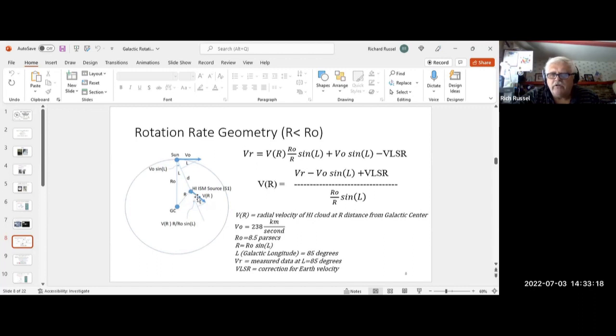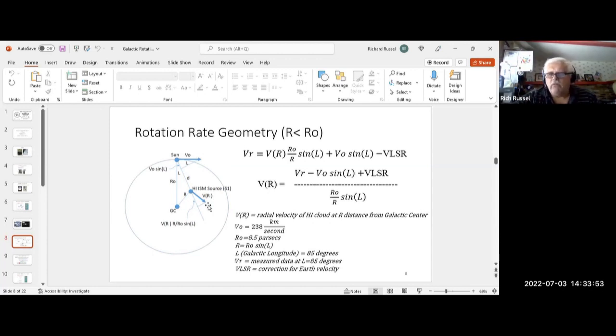And this is a 90-degree angle right here, okay? L is your galactic longitude, all right? And V naught is the speed of the sun around the galaxy, okay? VR is the measured velocity, the actual velocity at that 90-degree angle. So the radial velocity of the hydrogen source around the galaxy at the distance of R.